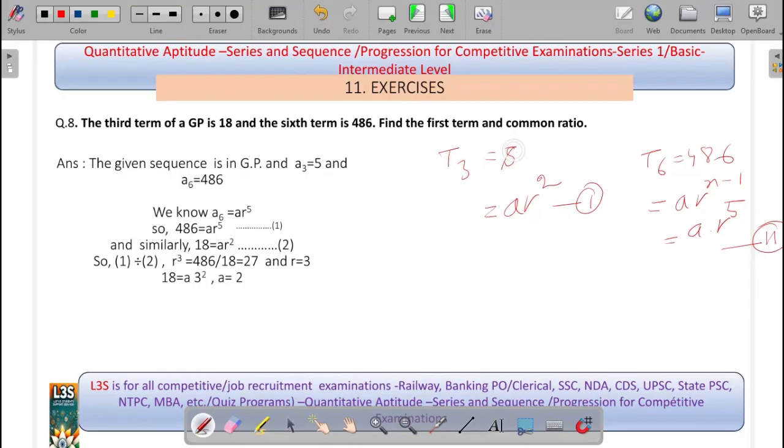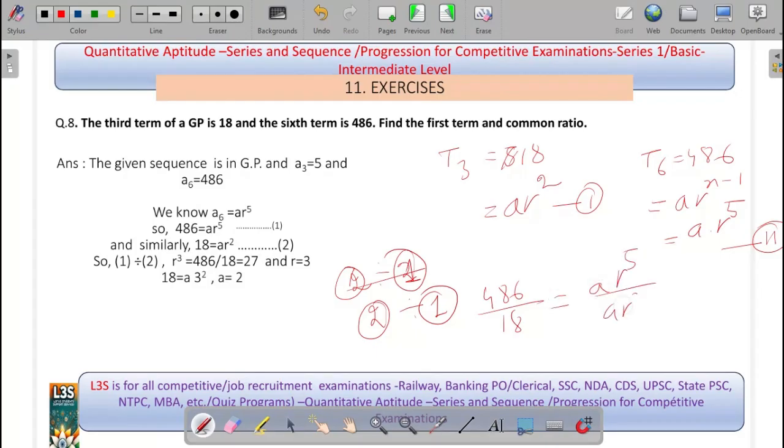Third term is, sorry, this is 18. 18 equal to AR to the power 2. So if we divide equation 2 by 1, because 2 is the bigger number, we will get 486 by 18 is equal to AR5 by AR2.